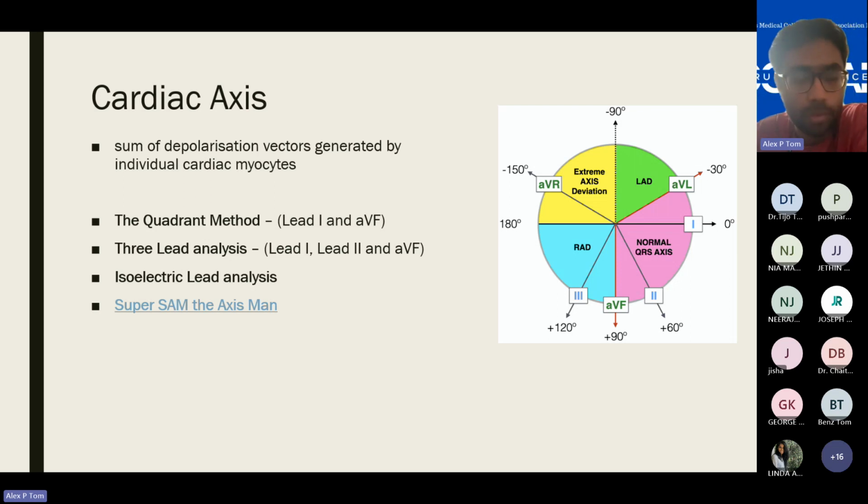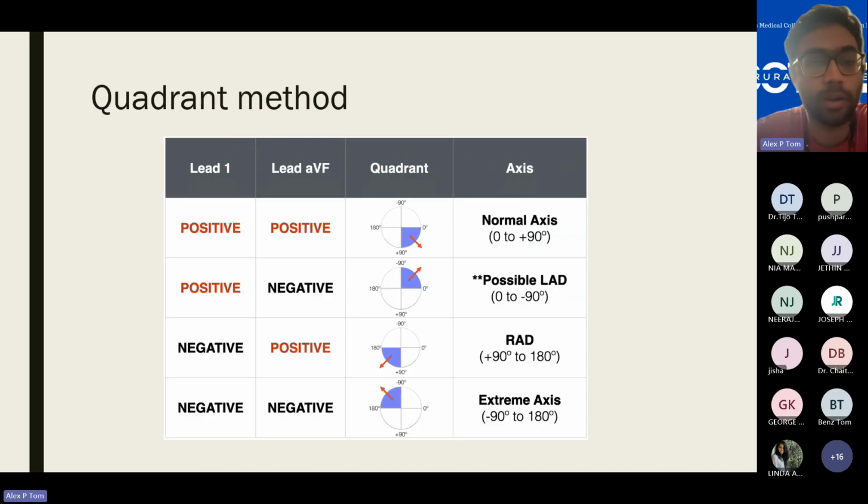So you need to see, in the quadrant method, you just use 2 leads, lead 1 and AVF. Lead 1 is in this direction, and AVF is at 90 degrees, perpendicular to lead 1.